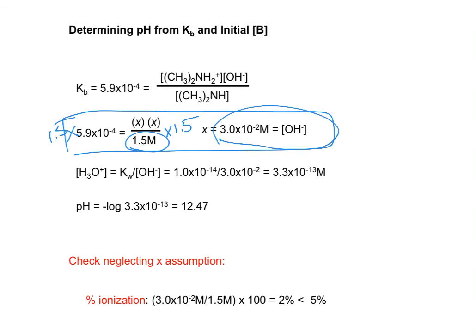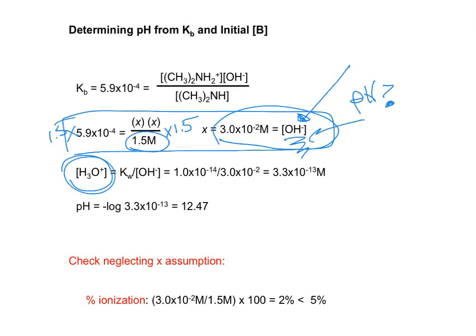And be careful here, because X, if you're dealing with a base, is the hydroxide ion concentration, not hydrogen ion. And so remember, this problem asks for pH, and most problems will. So can you get the pH directly from hydroxide? No. Okay. So first we have to find the hydrogen ion concentration, right?